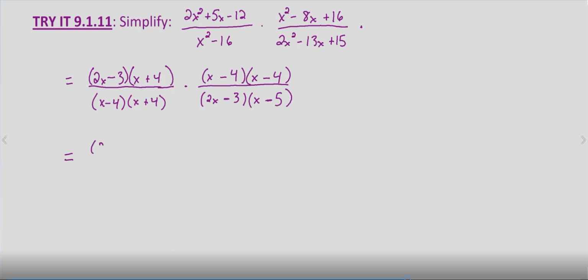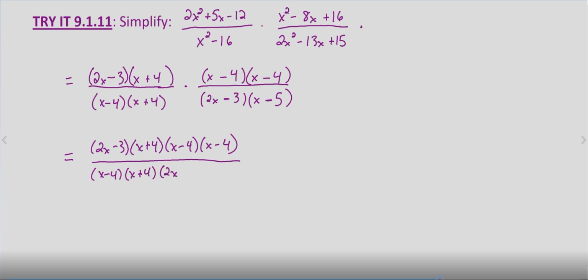We end up with 2x minus 3 times x plus 4 times x minus 4 times x minus 4 over x minus 4 times x plus 4 times 2x minus 3 times x minus 5.